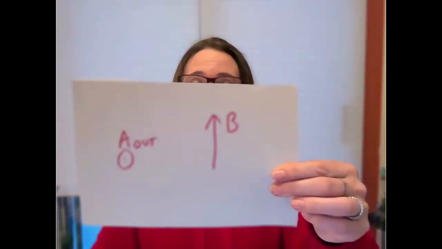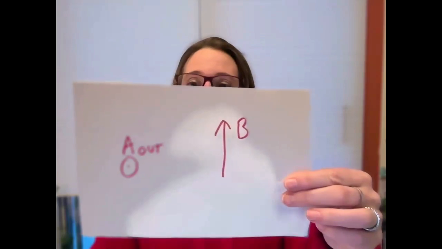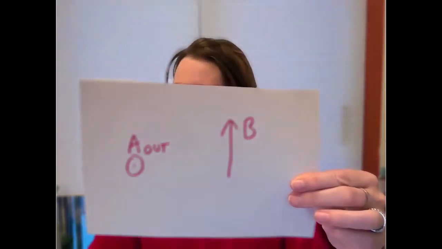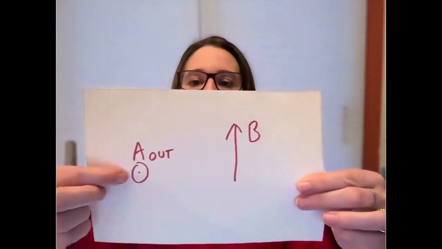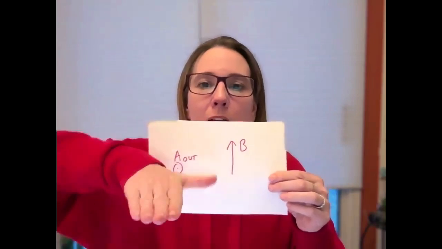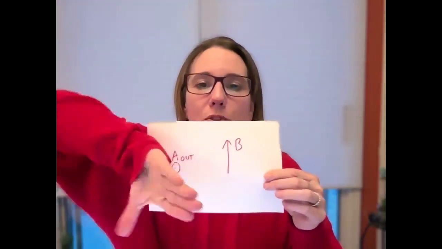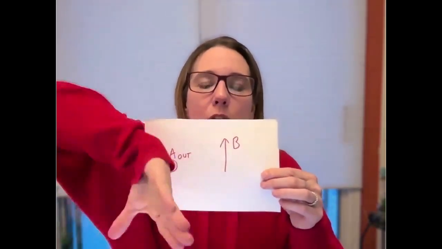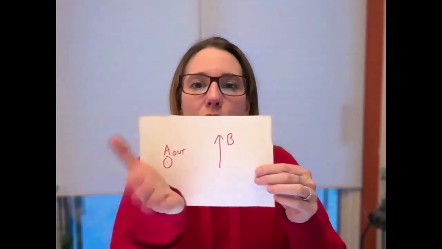I have another one that we will practice as well. So this is the next one, where I have now used the symbol of a little dot. It's like the tip of an arrow coming out of the page that's showing us that A is out of the page. So I have A out of the page. So I have to take my hand and point my fingers as if they're coming out of the page. And then I want to twist my hand so that it's as if B is coming out of my palm.